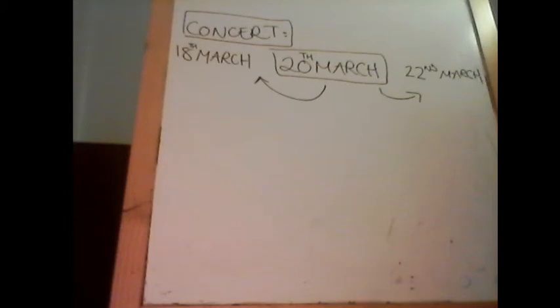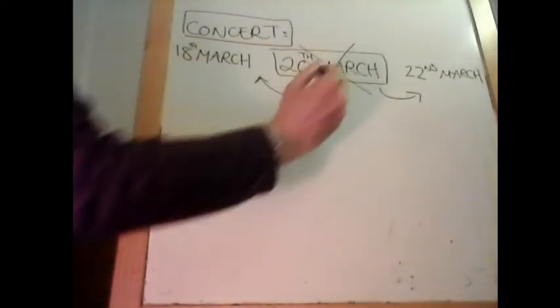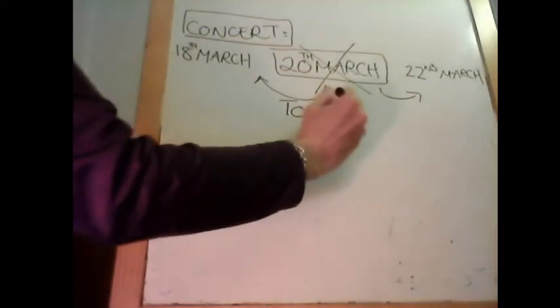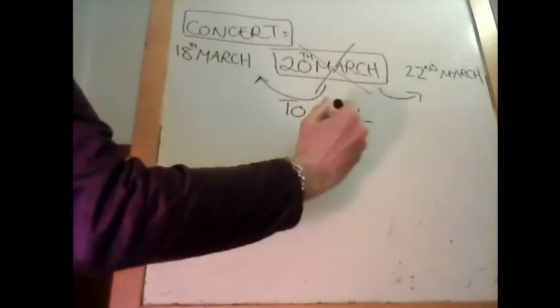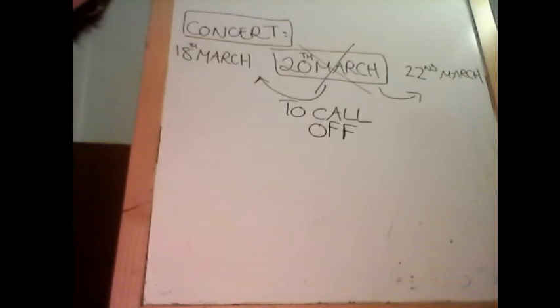So a phrasal verb that we use to postpone is to call off. So if you call off, sorry, did I say postpone? I meant to say cancel. So when an event is cancelled, we say it is called off.